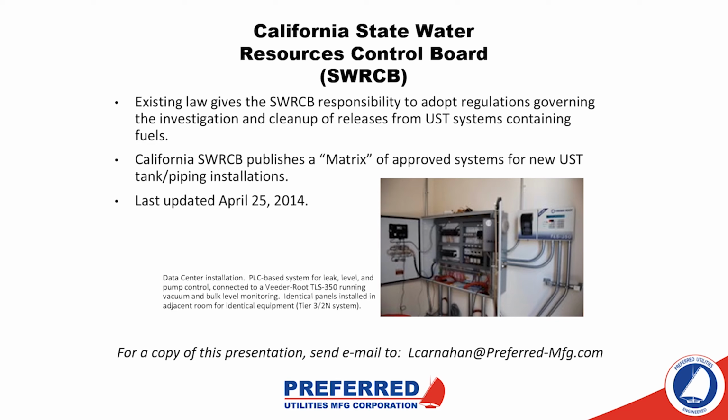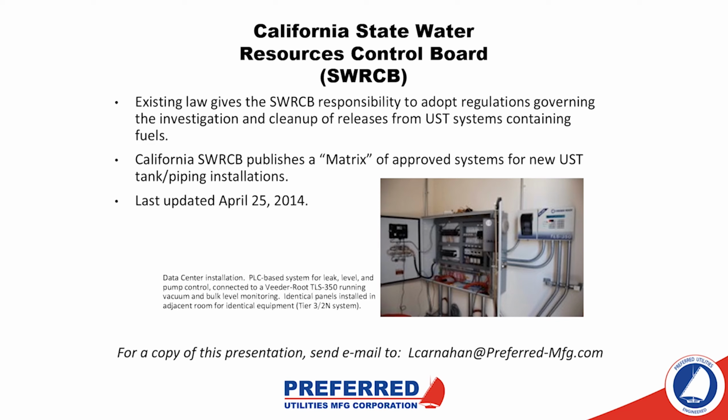The type of system that you'll typically see in the field now is similar to the one in the photo there. That's a preferred panel on an underground system with a Veeder-Root that is actually running the vacuum monitoring as well as the tank level. When you're using the vacuum monitoring system, you need to use the magnetostrictive probe that goes along with it. So in this case, that Veeder-Root panel is monitoring the vacuum and the main tank level.